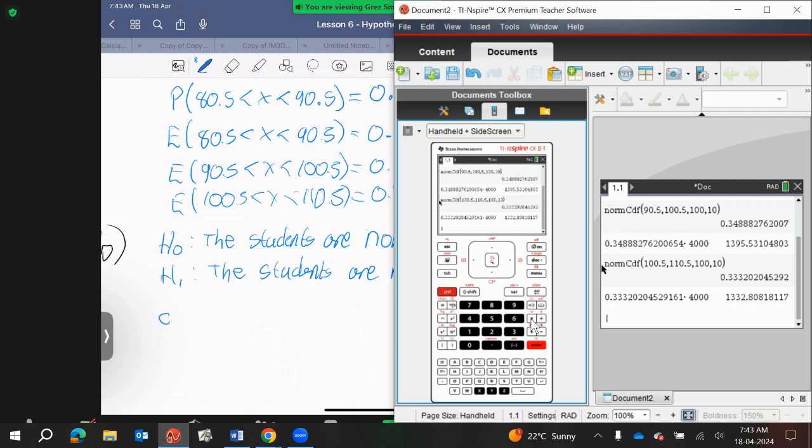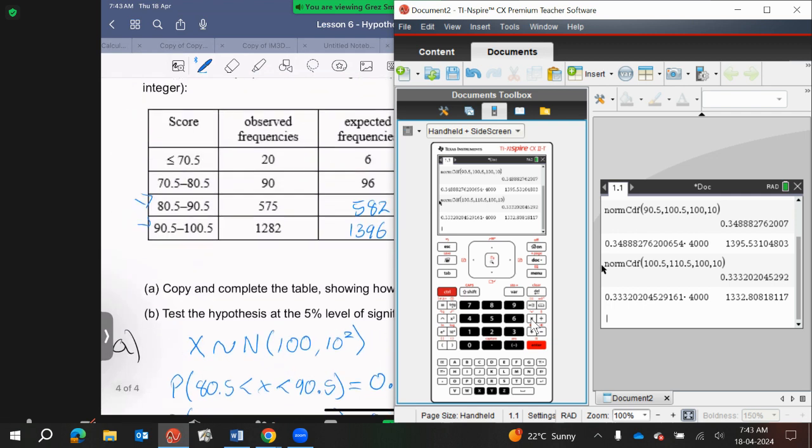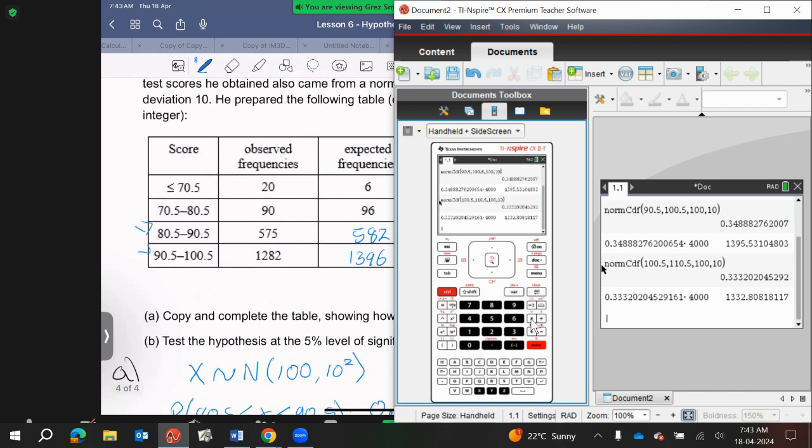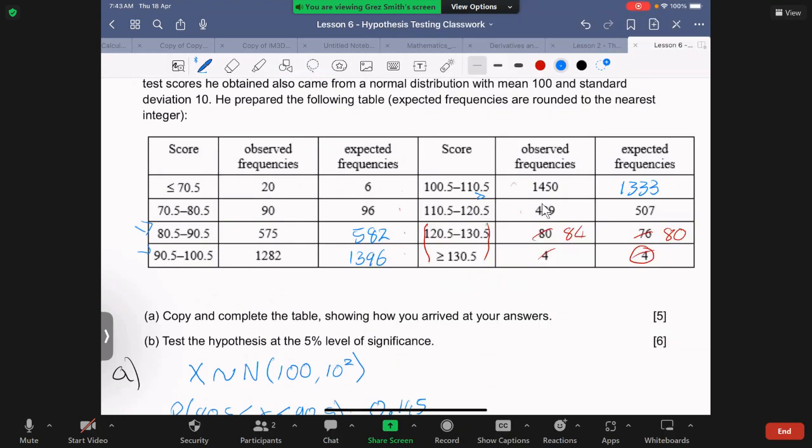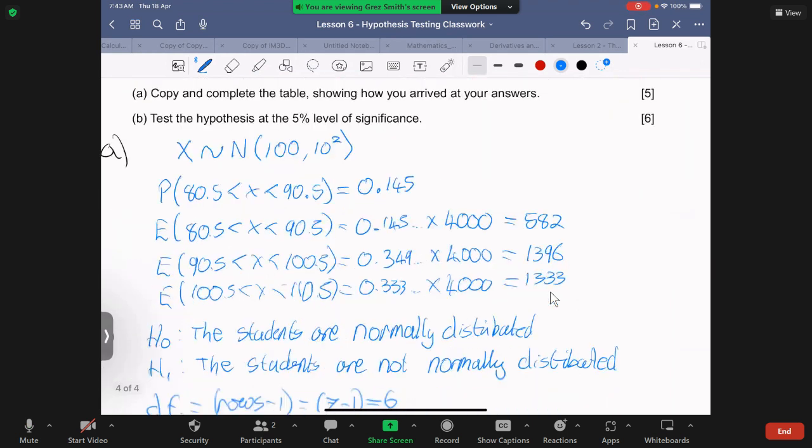Next, for this test, we need to calculate the degrees of freedom, which is the number of rows minus 1. So that's 7 minus 1, 6. Now we need to enter the data into our calculator. Oh, sorry, let me just show what I wrote there, looking at my iPad.